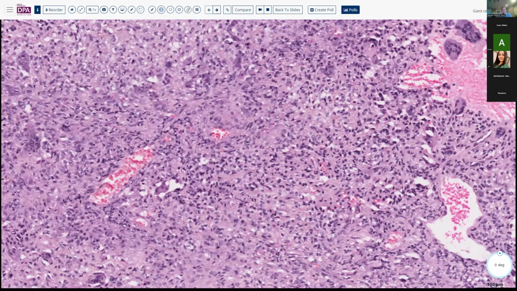However, we did still come to the conclusion that this represented a giant cell tumor of bone. It did not have the myxoid or cartilaginous features of a chondromyxoid fibroma. It certainly did not have any of the chicken wiring that we would see with chondroblastoma.